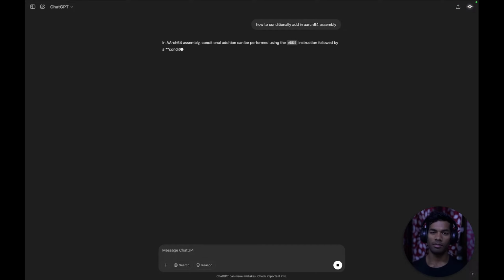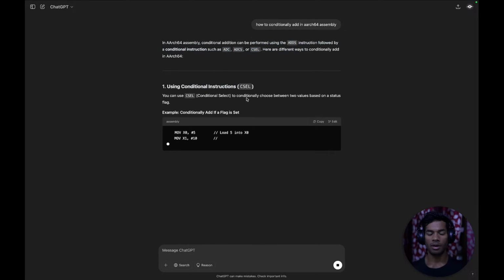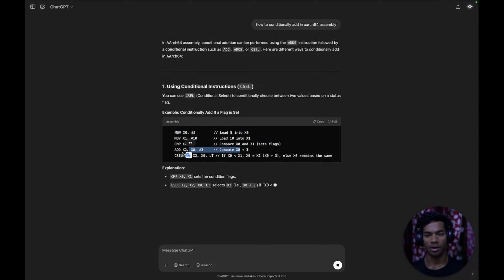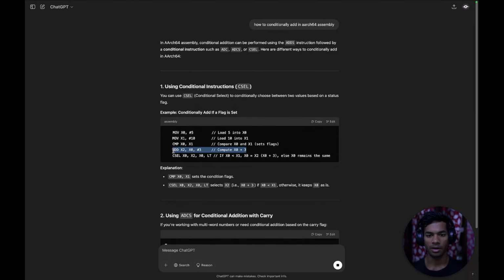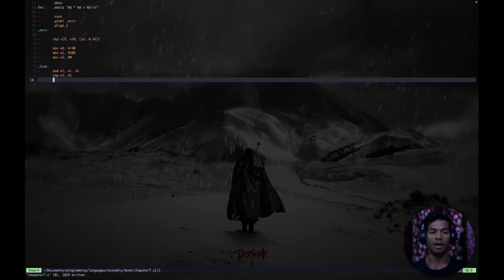Conditionally add, is there a function for conditionally adding? Adds conditionally select. Okay, yeah, that is what I was hoping I would get. I cannot add conditionally, so first I have to save the addition sum into another register and then I can conditionally select that. I cannot add directly conditionally.